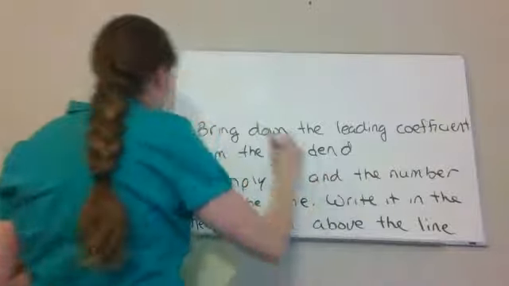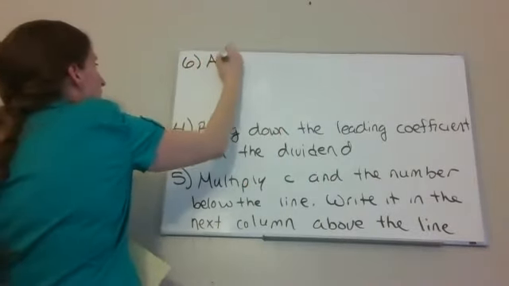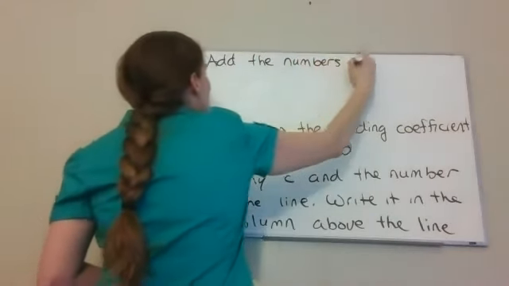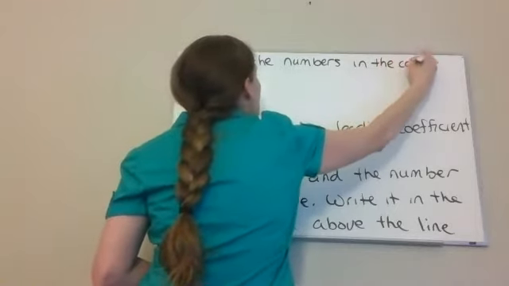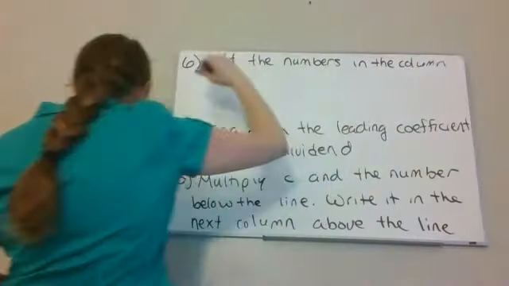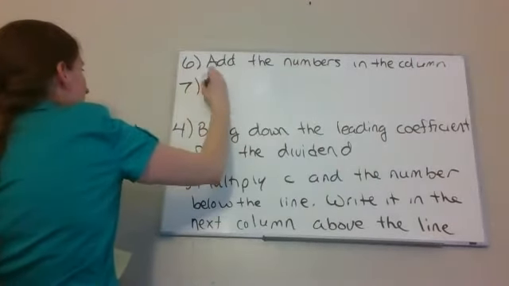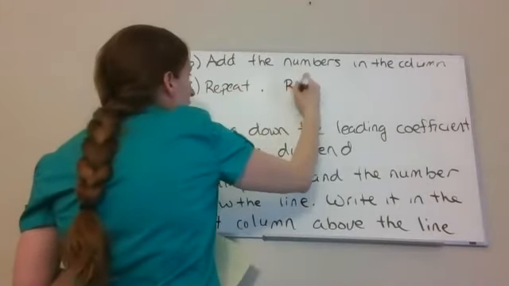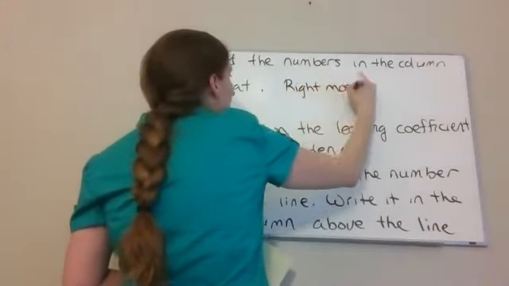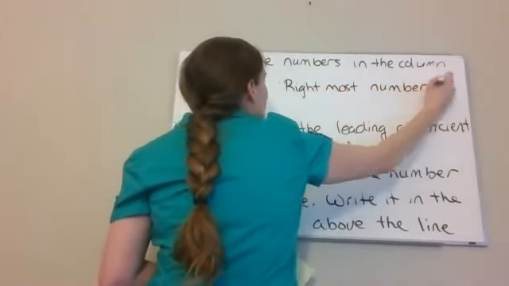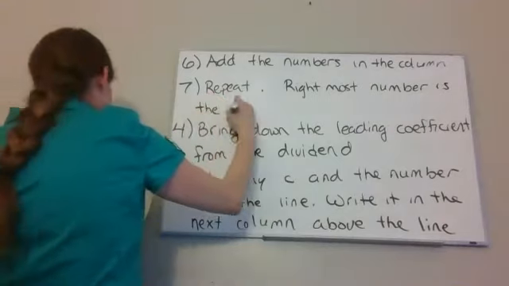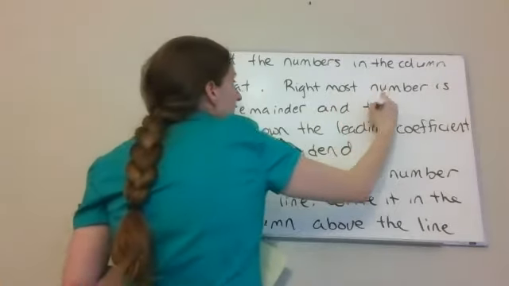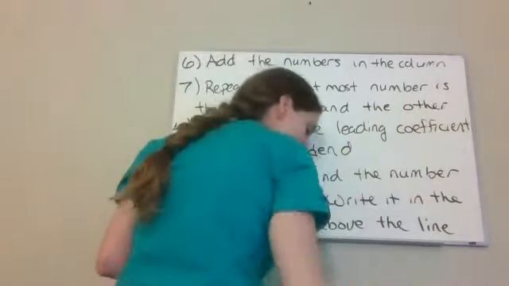Step 6, add the numbers in the column. And step 7, you just repeat until it's all finished. Then, once you're all done, the rightmost number is your remainder. And the other numbers are the coefficients of your divisor.